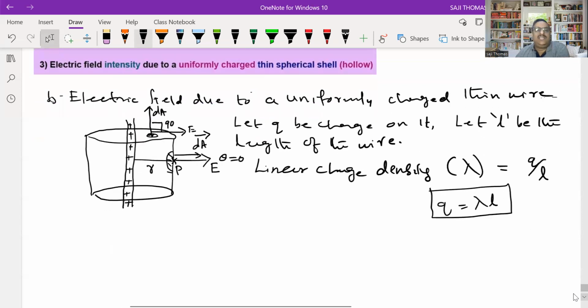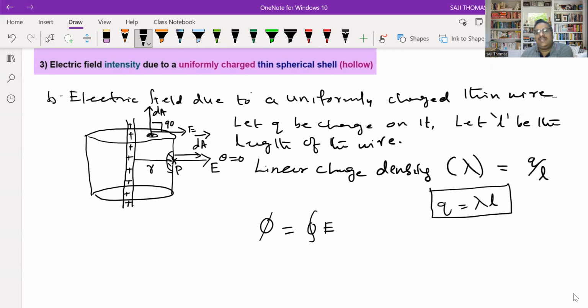Okay. Now we can apply Gauss's theorem. What was the equation for Gauss's law? Phi equals closed integral E dot dA. In the closed integral, there is a circle on the integral sign that shows the full area. So we can split the total area into two portions.